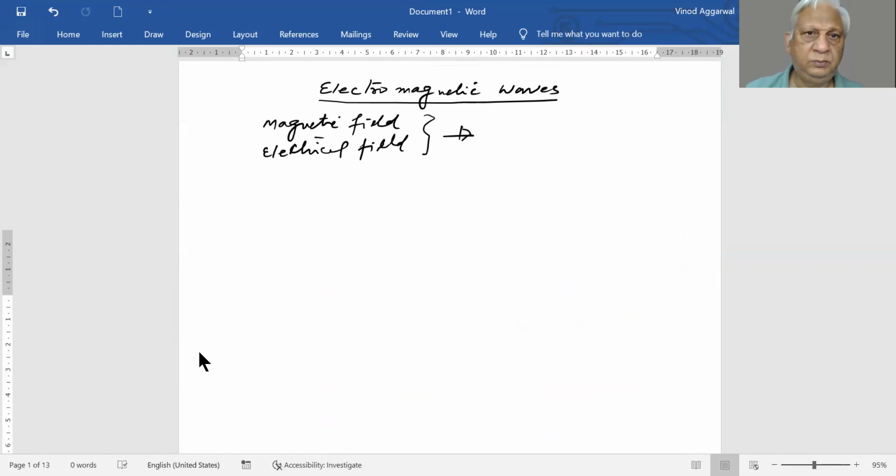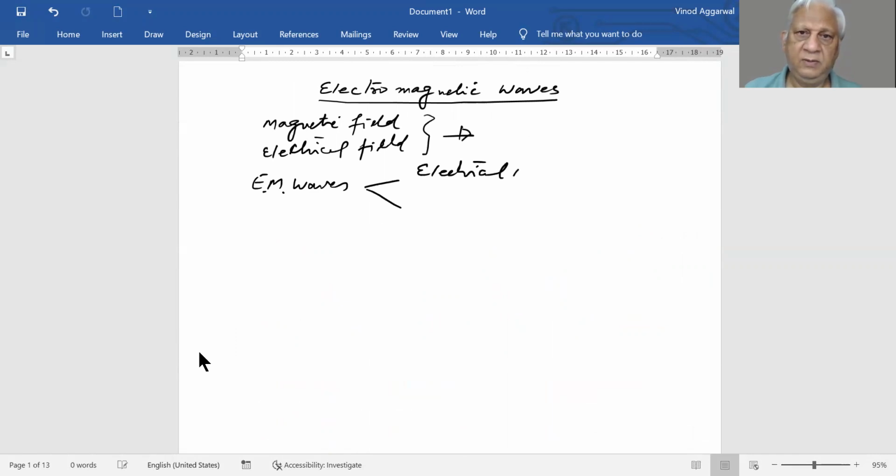Now, in an electromagnetic wave, it consists of two waves. One is electrical and another is magnetic.